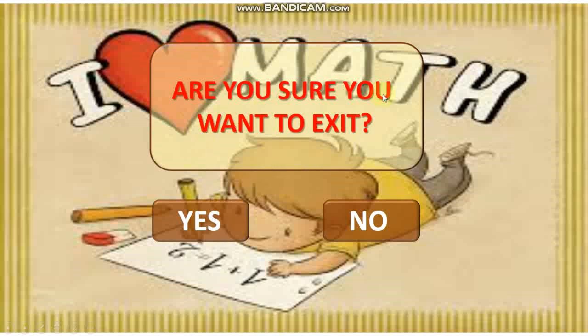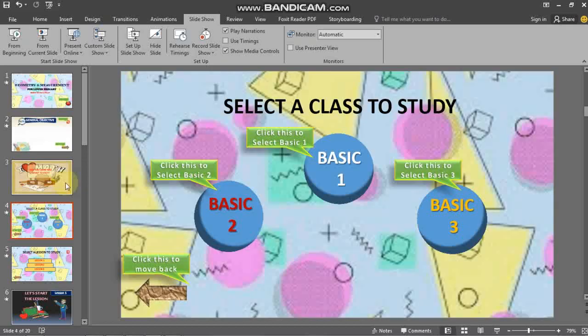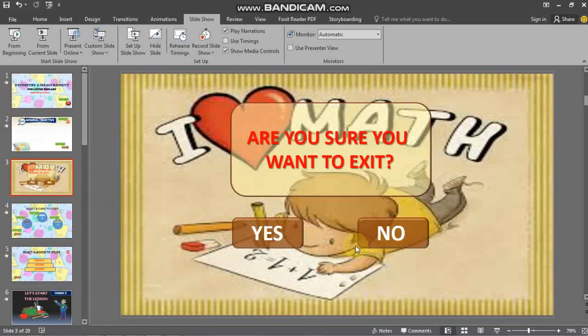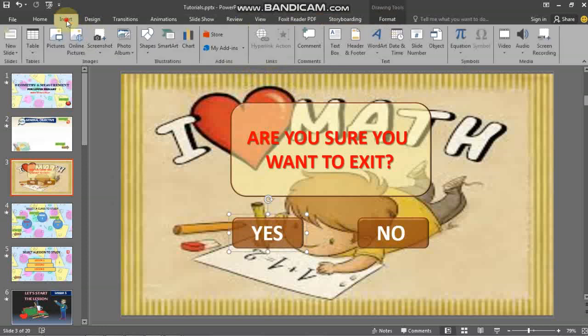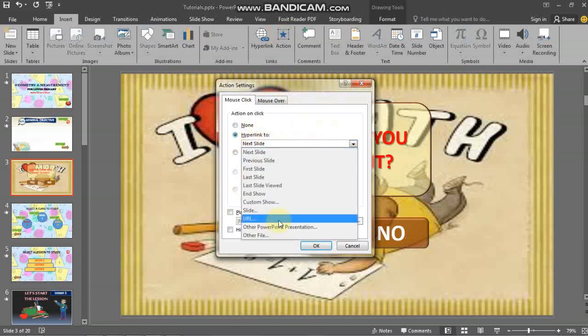So it asks, are you sure you want to exit? But we've not given any actions to these buttons, so we need to set actions for these two buttons as well. What action do we give to yes? If yes, then I think the whole show should end.